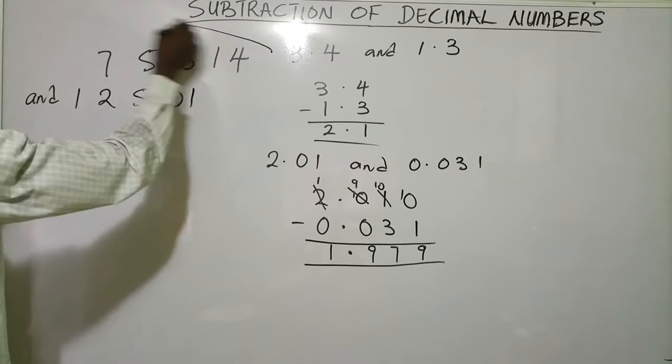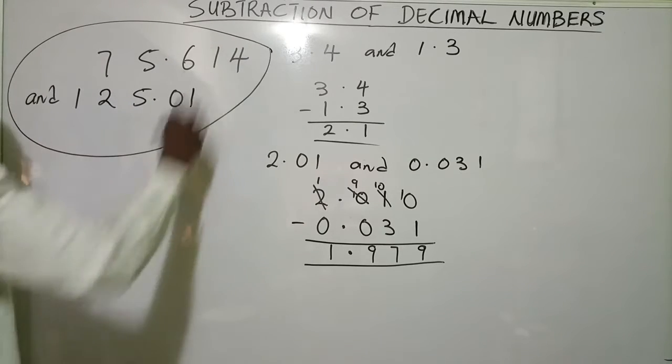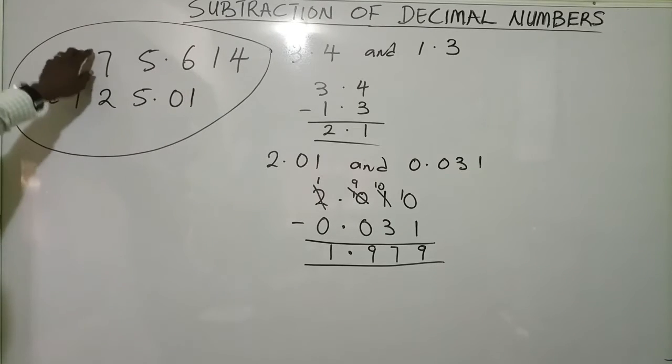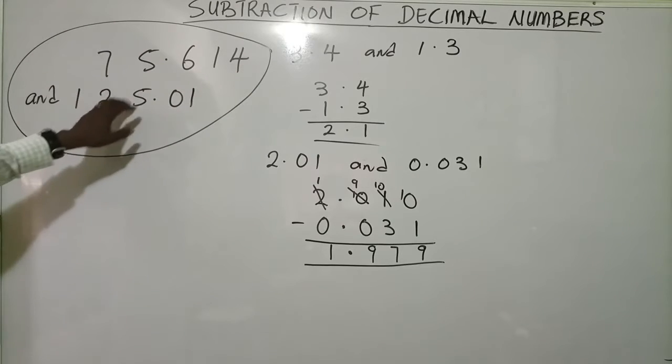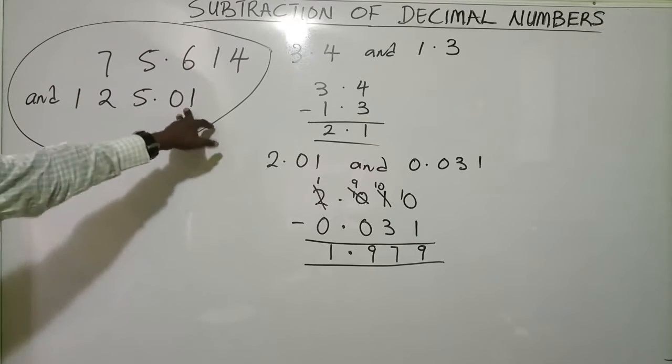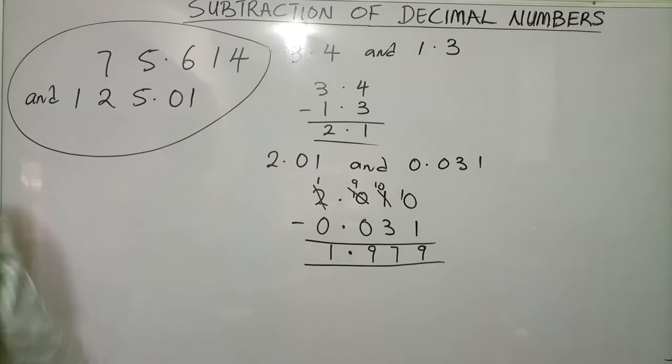So just look at this question. Look at what you're having inside this place I'm circling here. The question says find the difference between 75.614 and 125.01. This is the question.